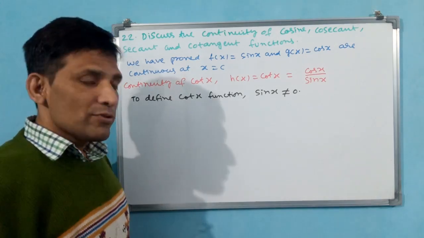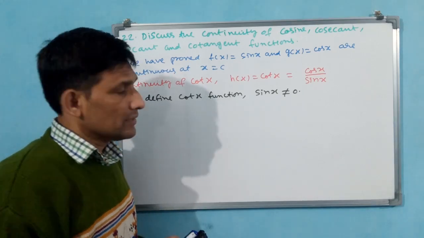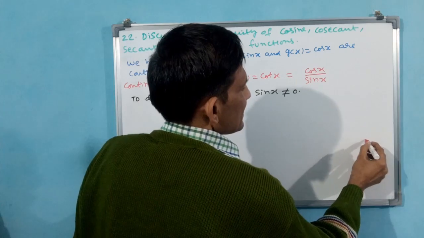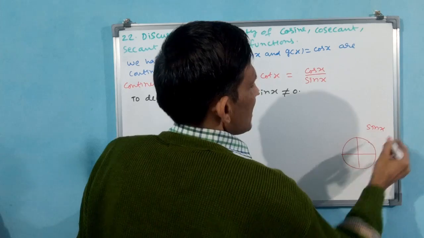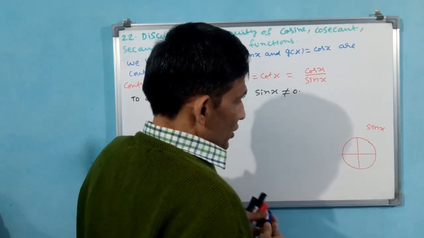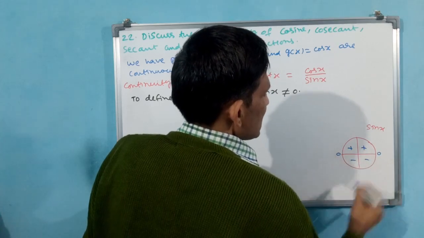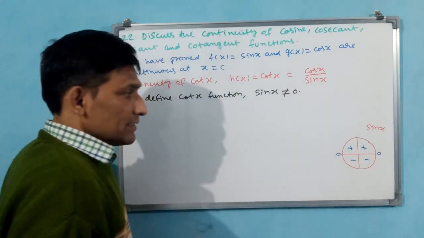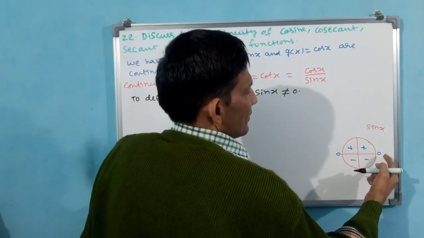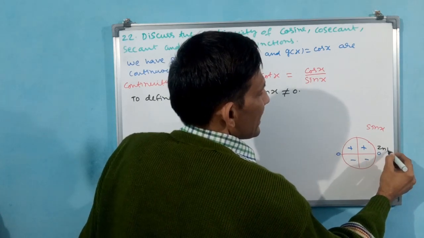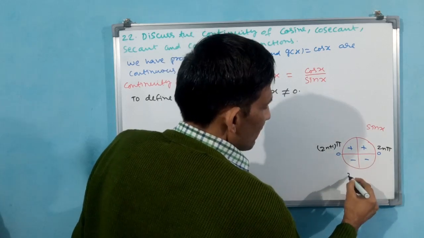Now you tell me where sin x is 0. Go back to that circle diagram again, sin x. In these two places it becomes 0. This is 2n pi, this is (2n plus 1) pi; together they give n pi.